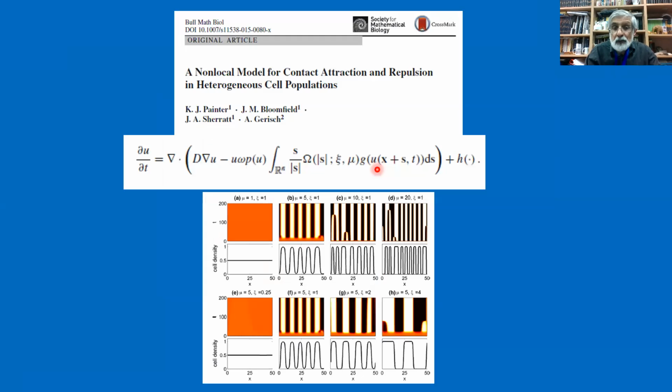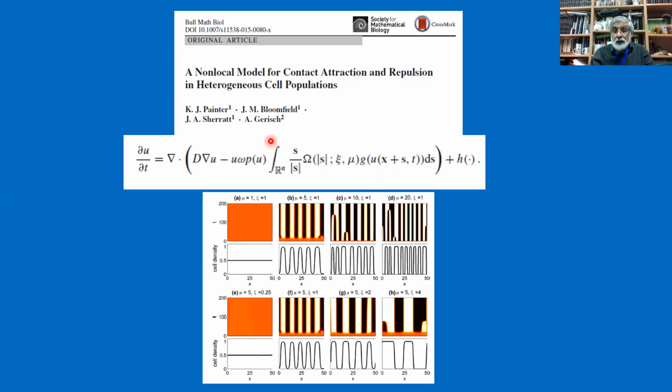And in a more general context here, Kevin Painter and colleagues looked at this with having a non-local interaction term here. And this can be considered a generalized case of having something like a Lennard-Jones potential, where you have short range repulsion, long range attraction.